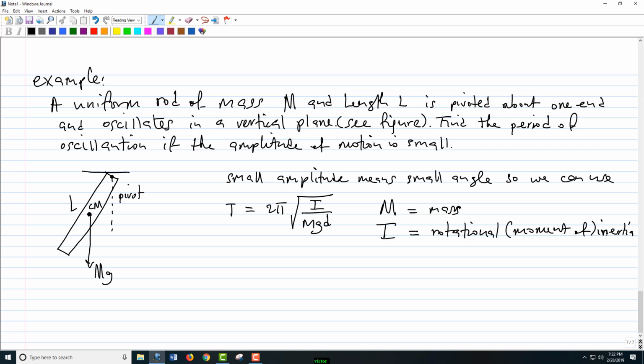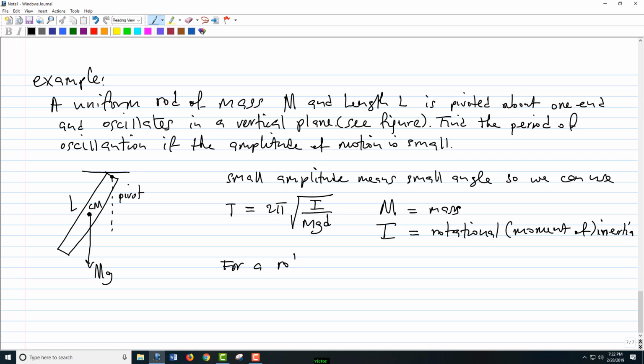For a rod pivoted about an axis through one end, the rotational inertia is given by 1/3 mL squared. We can derive this certainly, but we already know this, so I'll just quote it for you.